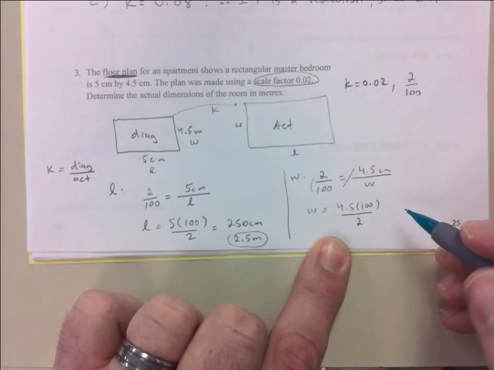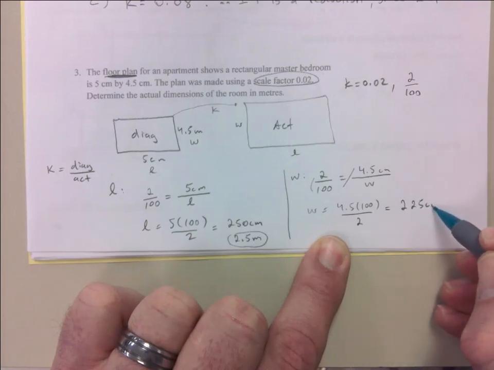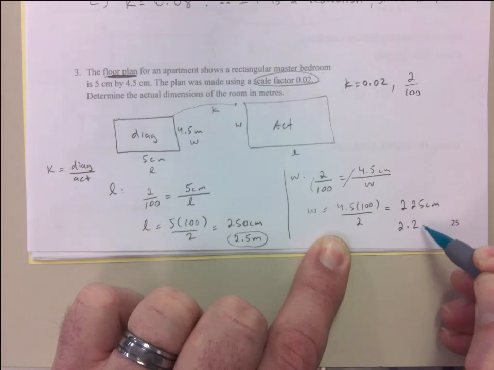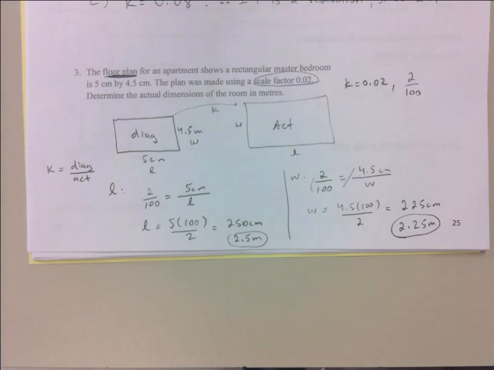That gives us 225 centimeters, which is 2.25 meters. So the actual room measures 2.5 by 2.25 meters.